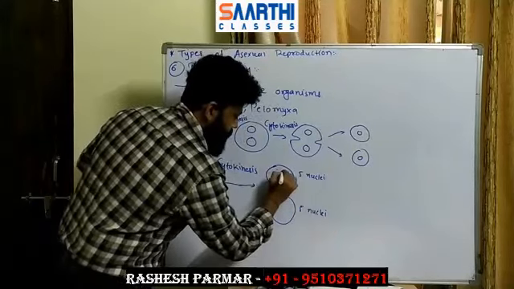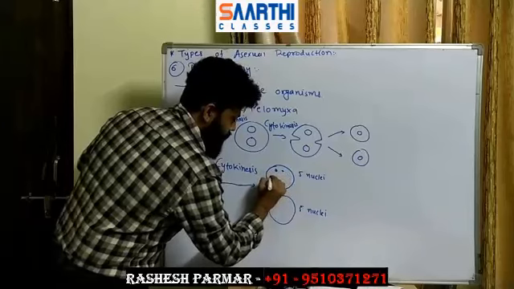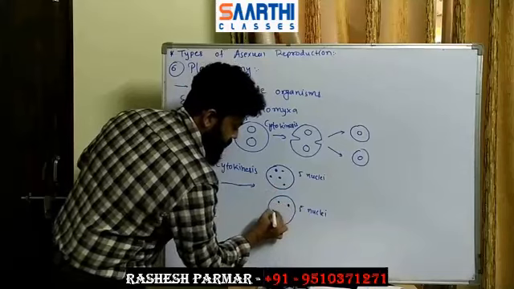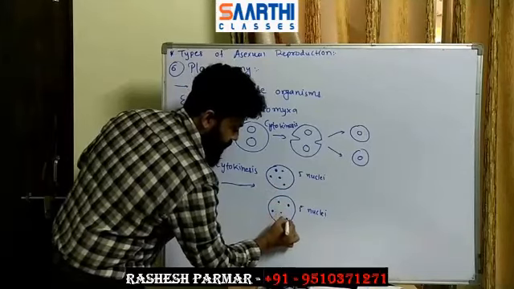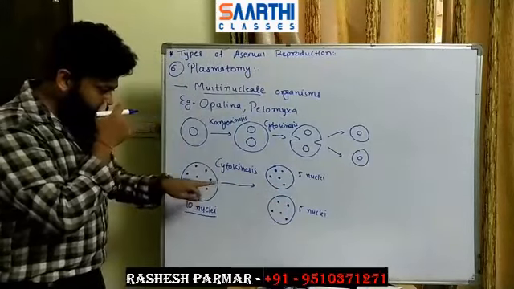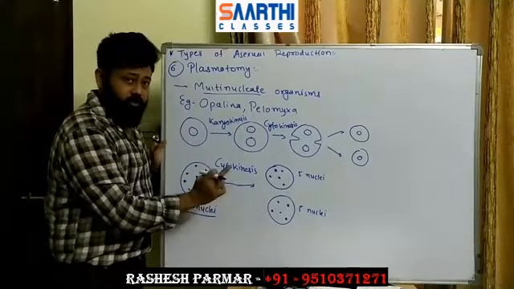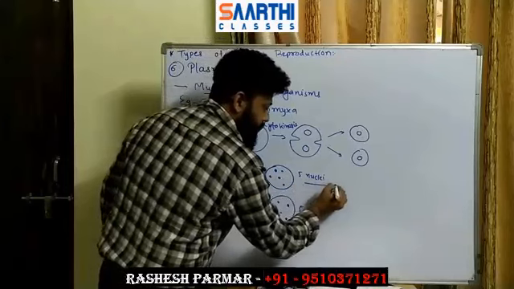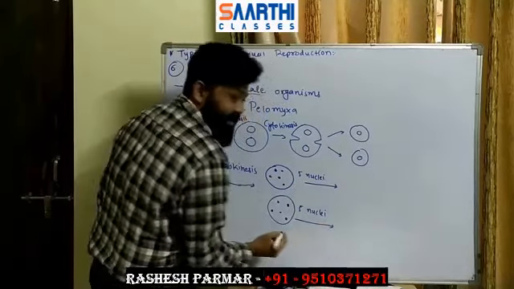Okay, so this is 1, 2, 3, 4 and 5. So cytokinesis occurred first, and then each of these cells will now undergo karyokinesis.